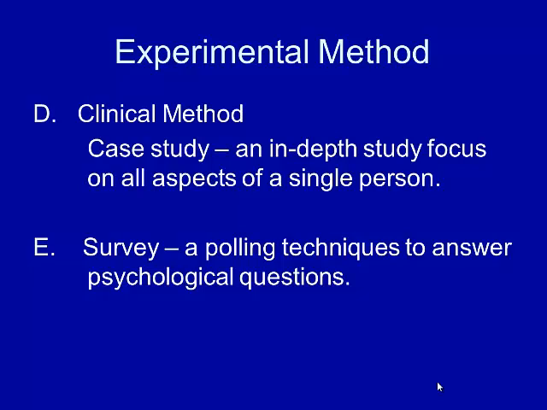The next one, a lot of you are familiar with, it's called a survey. It's a polling technique to answer psychological questions. Have you ever been in a mall and somebody comes up to you with a clipboard and says, can I ask you some questions? Well, the first thing they're doing is looking for demographics. That would be personal data. They're trying to figure out gender. They're looking at age, ethnicity.